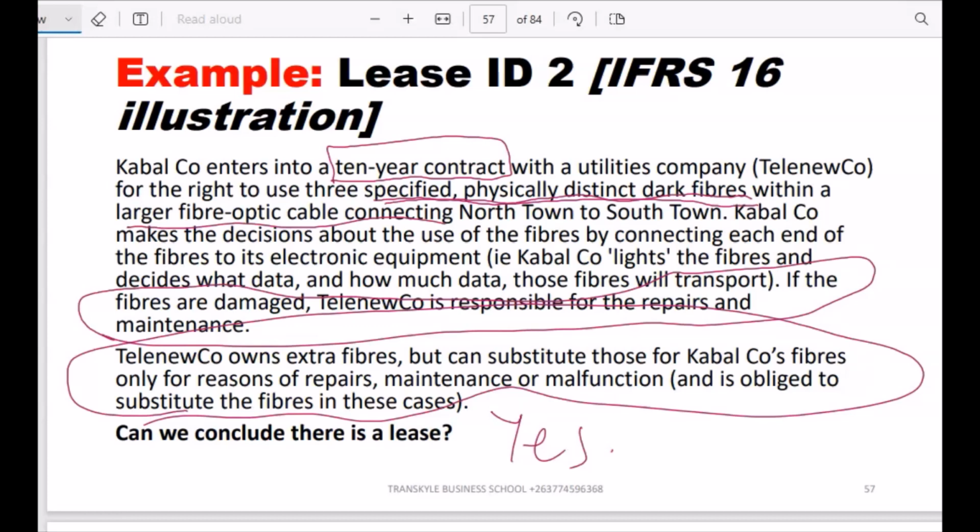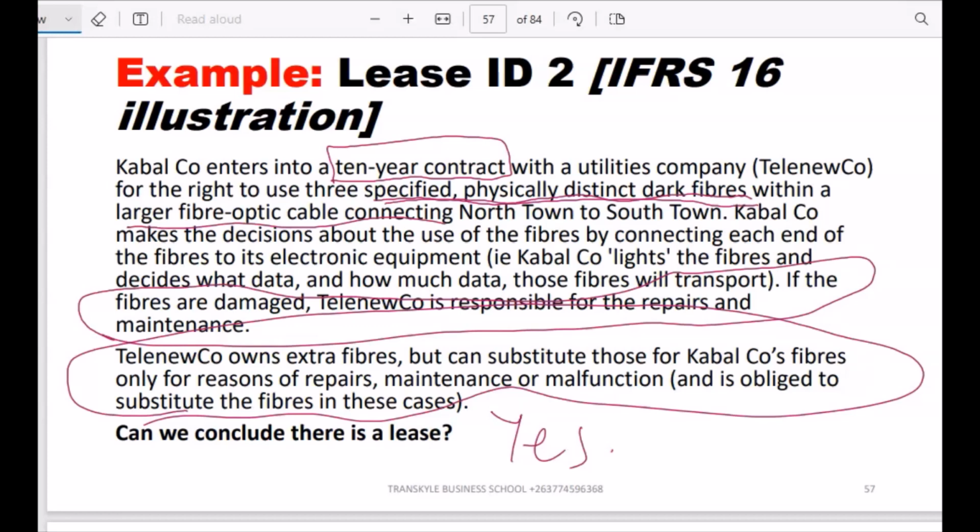That cannot exclude this type of arrangement from being a lease. The fact that the lessor or the landlord sometimes does some repairs to his building cannot exclude the contract from being a lease.